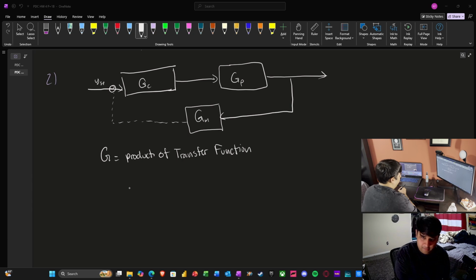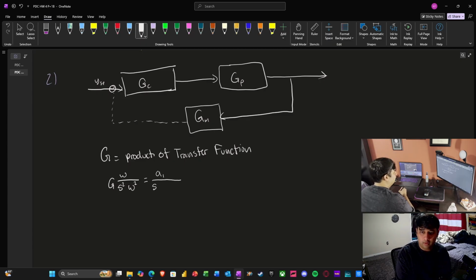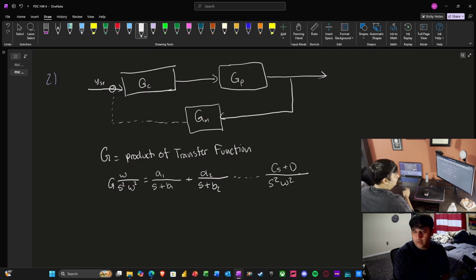So we're going to utilize partial fraction decomposition to get G(s) times ω over s² + ω², which equals A1 over s + B1, I believe, and then we eventually get A2 over s + B2, and eventually we will get Cs + D over s² + ω².